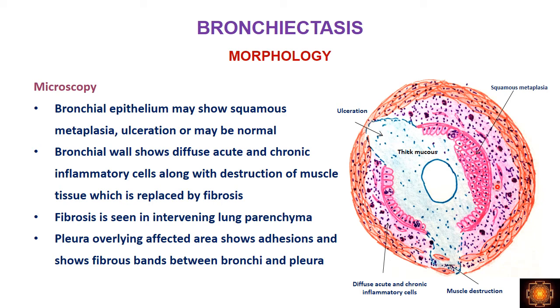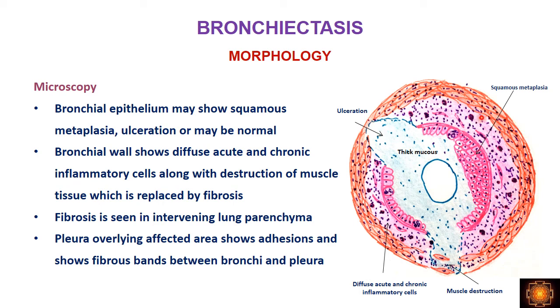Then when we see the underlying subepithelial tissue and the muscularis, we have diffuse inflammatory cells. You have acute and chronic inflammatory cells infiltrating both the subepithelial layer and also the muscle layer. These inflammatory cells cause destruction, so there can be fibrosis later as a healing process.